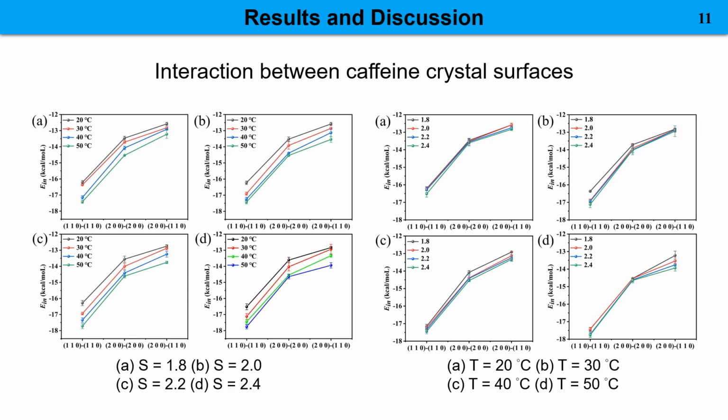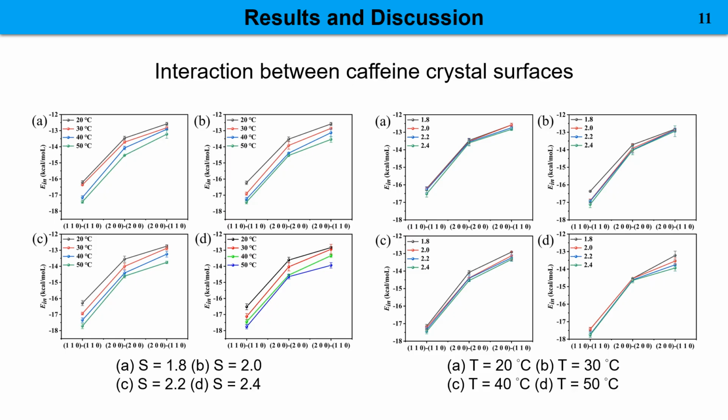The interaction among crystal surfaces relies primarily on the molecular structure of said surfaces. In a simulation, the chosen crystal faces possess equivalent areas. As the temperature rises, the movement of caffeine molecules intensifies on these surfaces, resulting in an increased probability of intermolecular collision and, subsequently, increased interaction between crystal faces.